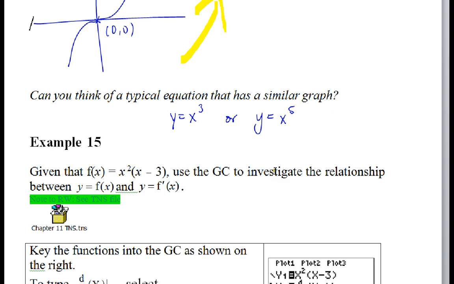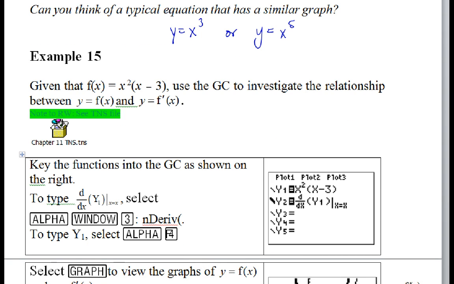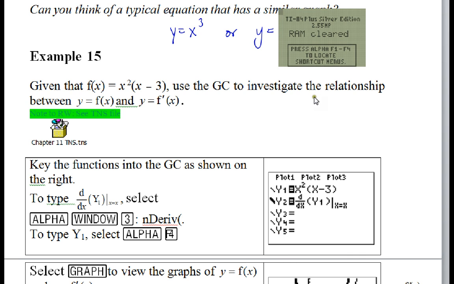Let's do some calculator work now. Come, take out your GC.